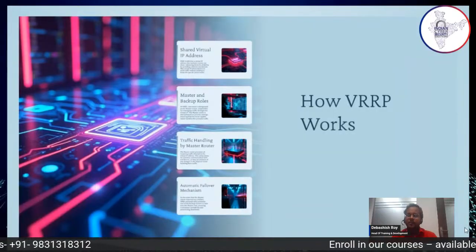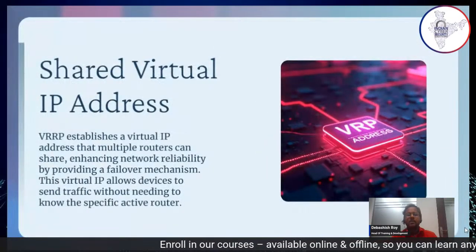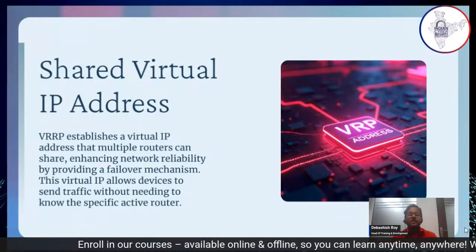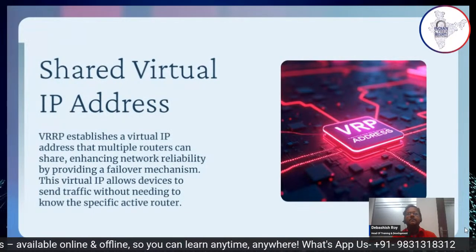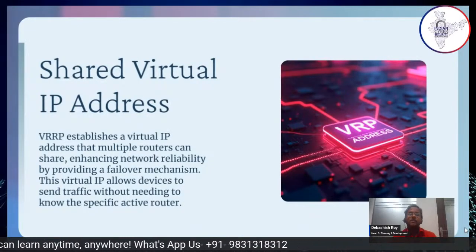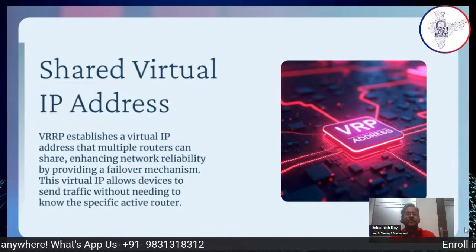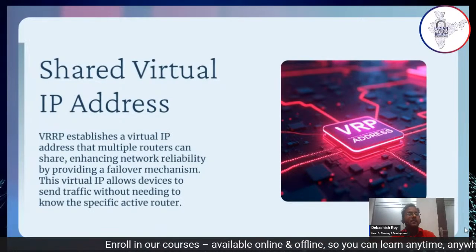Now, how does VRRP work? First of all, a shared virtual IP address. VRRP establishes a virtual IP address that multiple routers can share. So if you have an IP, say for example 10.0.0.100, that is shared among all the other routers. They can ping the IP as well. And this enhances network reliability by providing a failover mechanism.